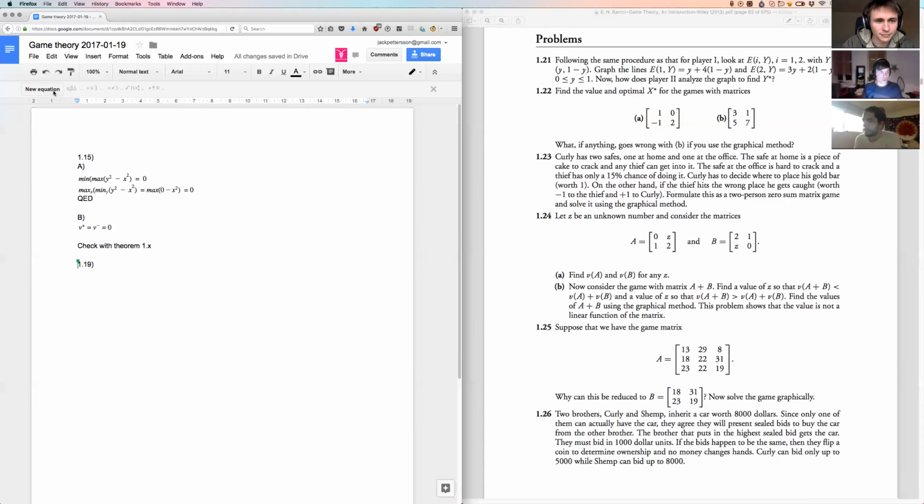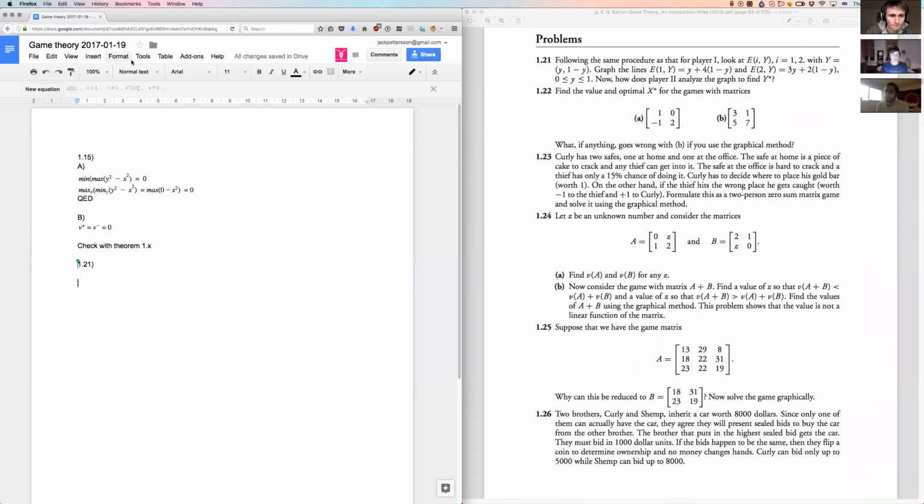Should I do my version of the solution? Yeah. Wow, I can't do matrices. Okay, but let's do it like this then.